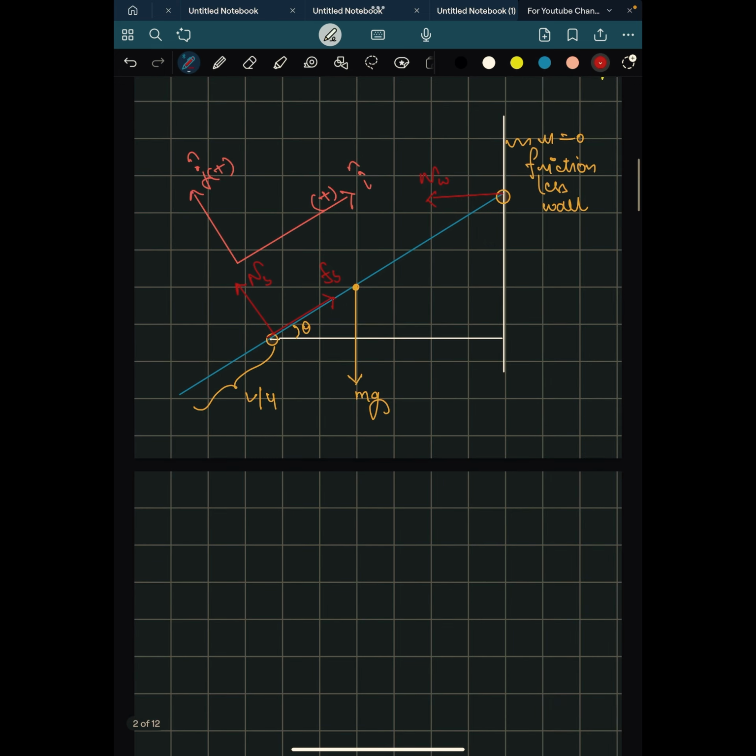So let's break all the forces into components, because that is the easiest way, and that is how we do the problem.